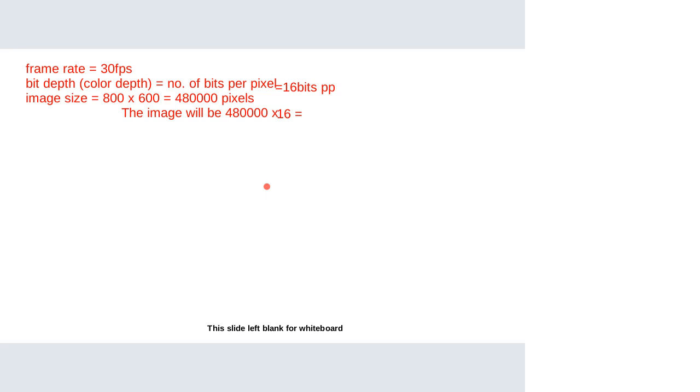That will help us reduce the amount of calculation. But first you need to know that this is the size of the image in terms of bits. Let's reduce our calculation by converting it to bytes instead of bits.